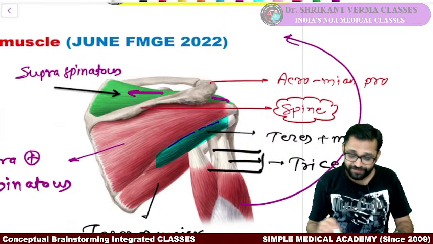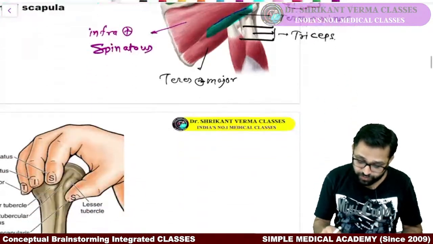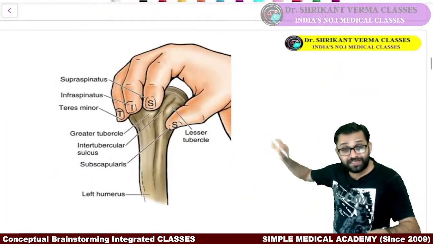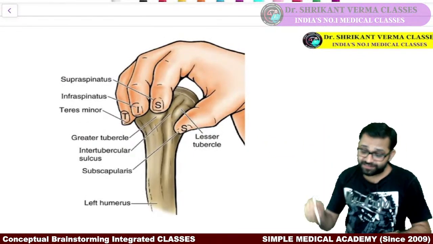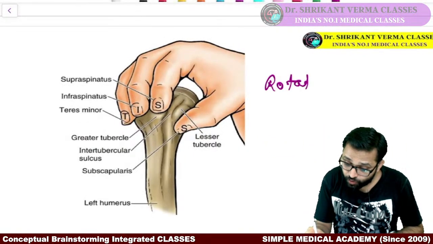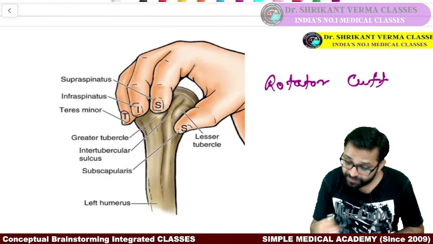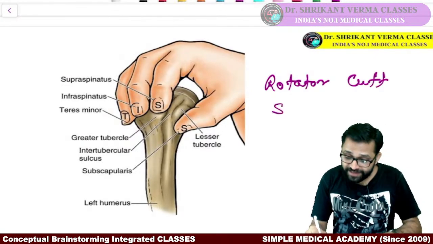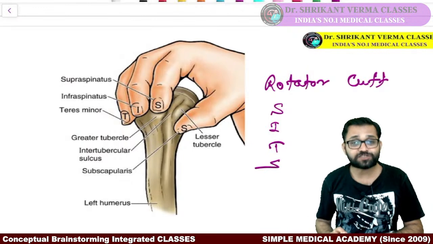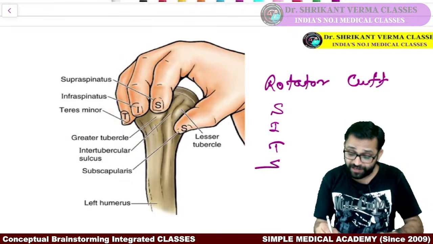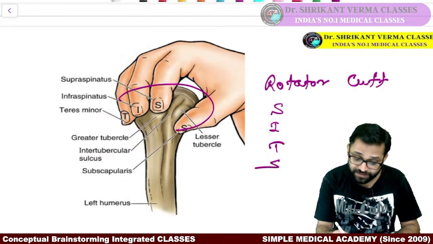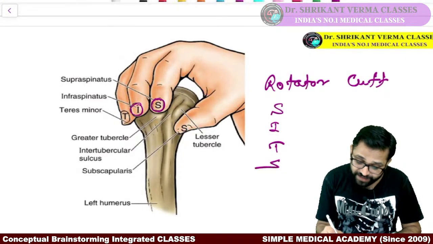So this is our question pattern. Now try to understand. At the time of the class in my PPT I showed this image. This is the image of the rotator cuff. All these SITS muscles fuse together around the head of the humerus. Can you see here? Yes, SIT.